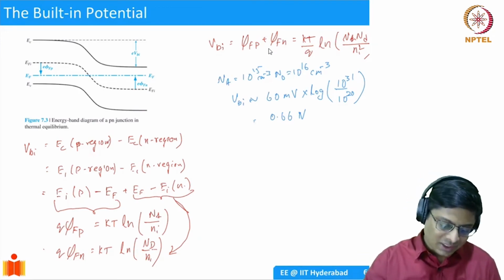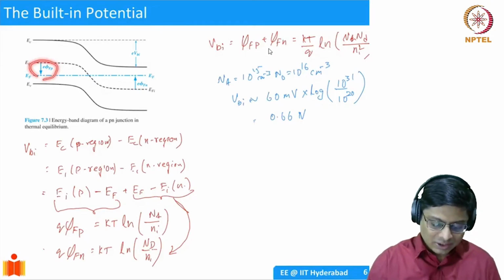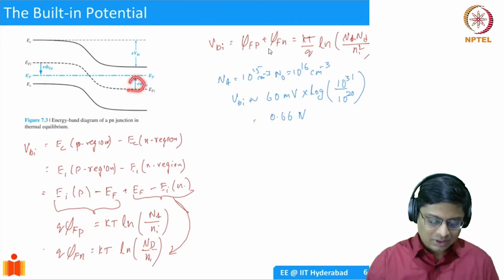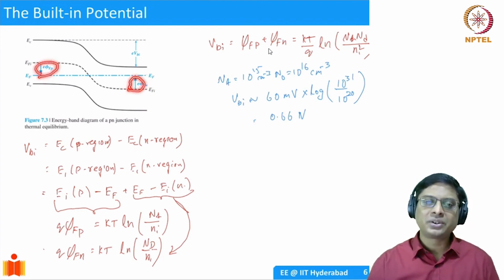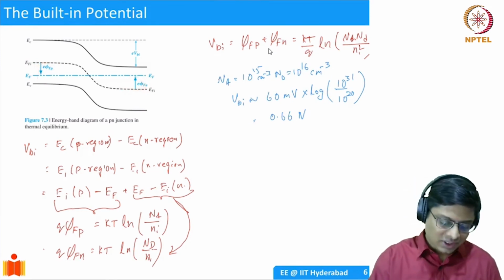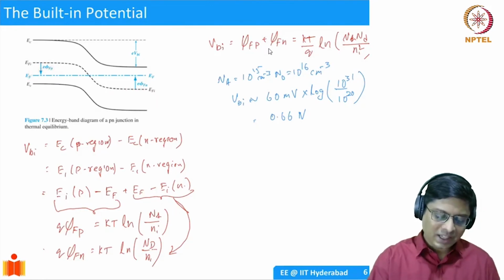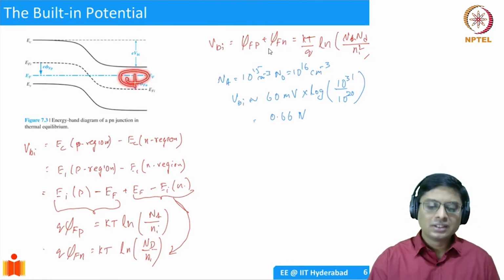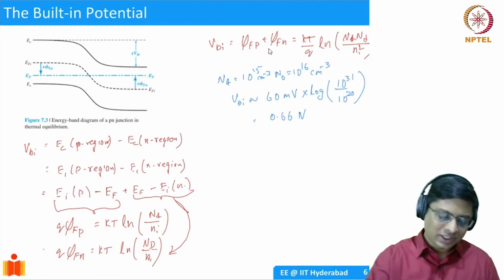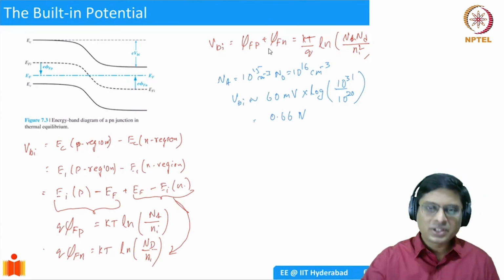You can think about it from this perspective. If you want to maximize the built-in potential, you have to make this large and this also large. What is the highest EF minus Ei you're going to get? For example, in a p-type semiconductor, you can move your Fermi level close to EV. In an n-type semiconductor, you can move your Fermi level close to EC. When we do that, the built-in potential will be close to EG.